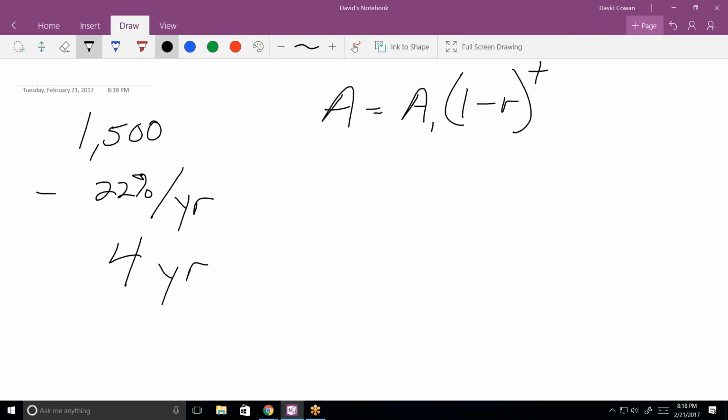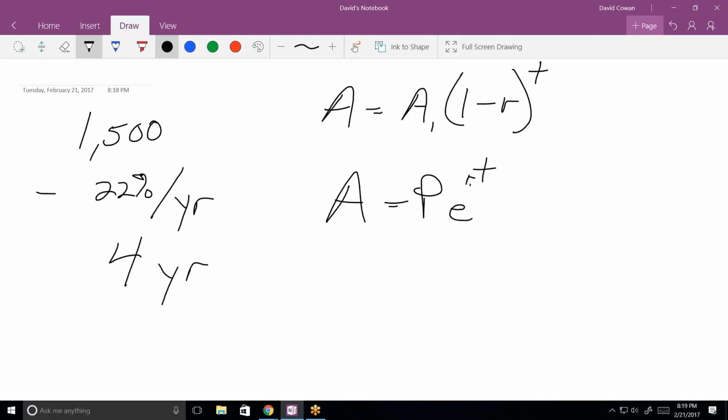In other words, nothing decays once a year. That is not how nature works. How nature works, or car values, is continuous decay. And if it's continuous decay, then I'm going to use this.